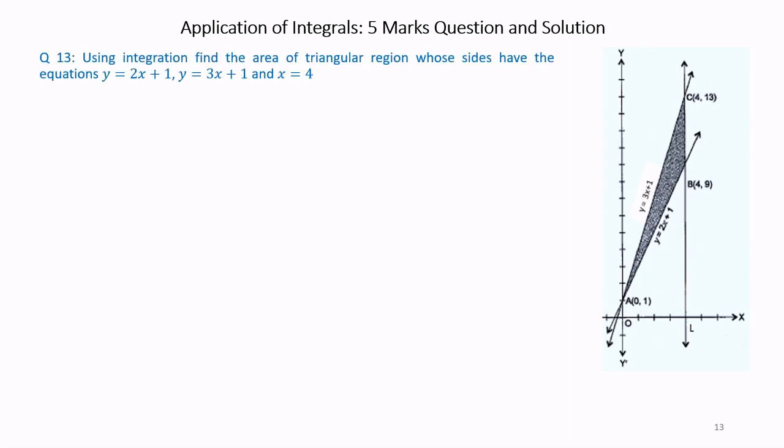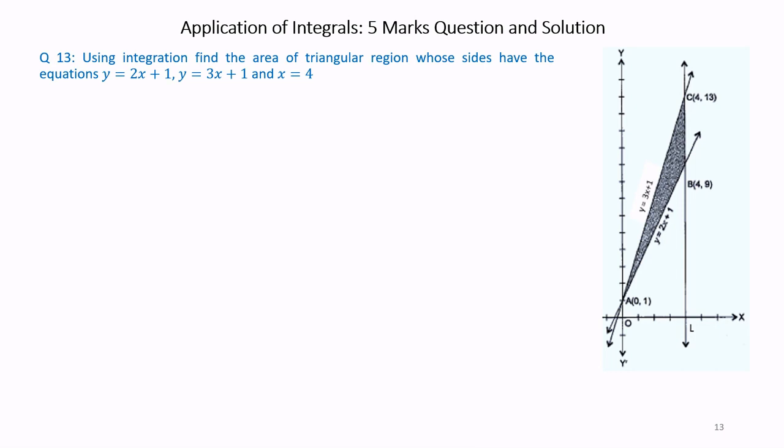Next question. Using integration, find the area of the triangular region whose sides have the equations y equals 2x plus 1, y equals 3x plus 1 and x equals 4. So three equations are given which represent line 1, line 2 and line 3.